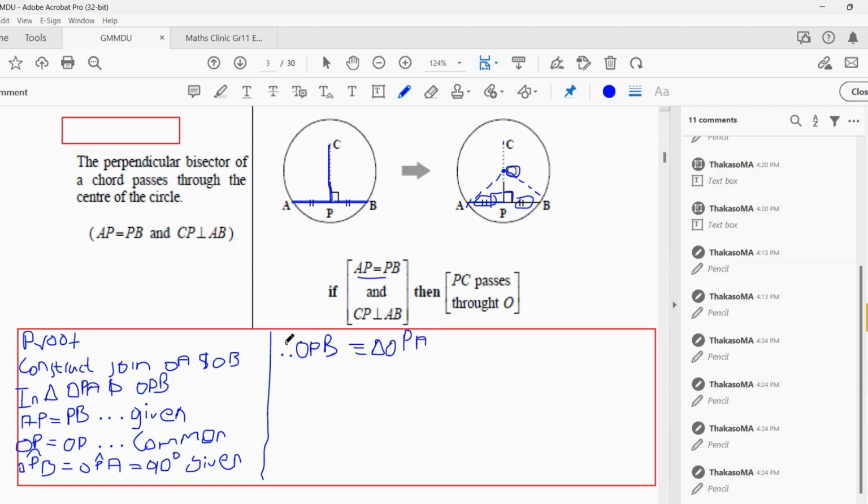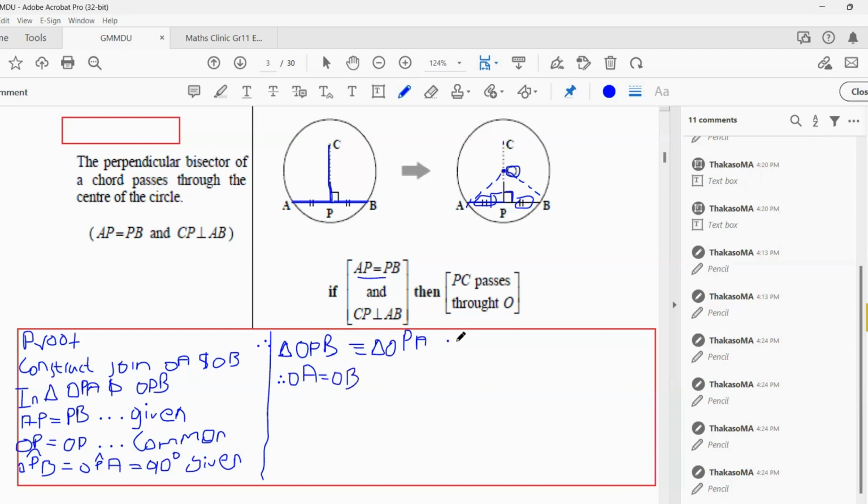So that means the remainder of the sides are then equal. Therefore, OA is equal to OB.